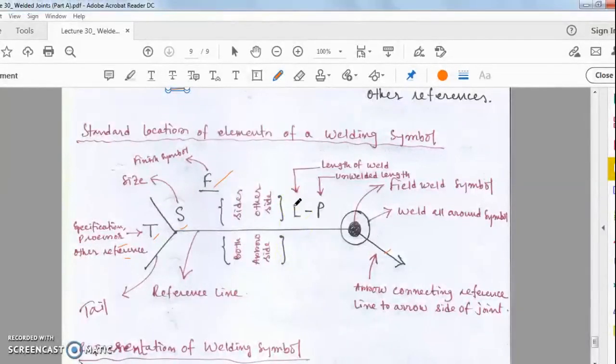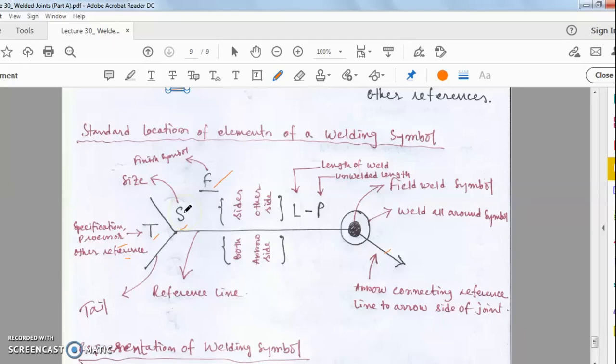T means unwelded length. Now you must remember one thing: the alphanumerical values, digits and alphabets mentioned at a particular position cannot change that position. Like finish must be at the top, so you cannot change the location of F. Like the weld size, where S is mentioned, you have to mention the size only.